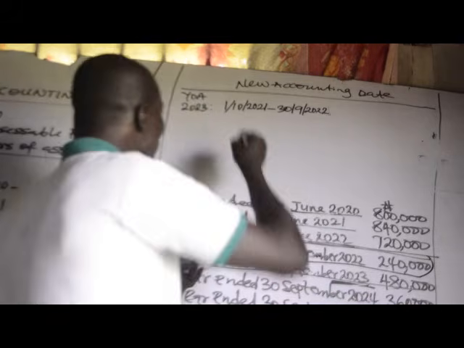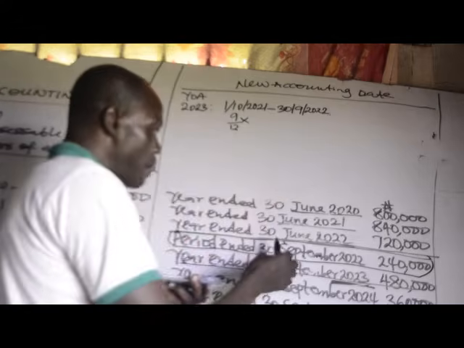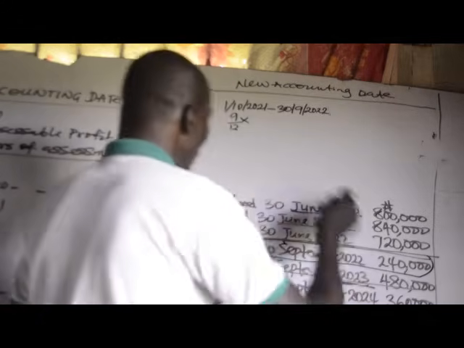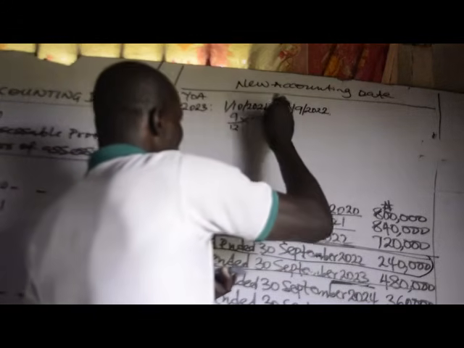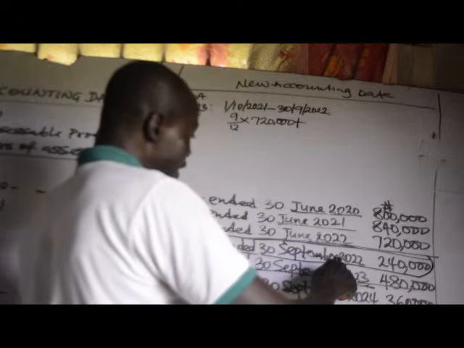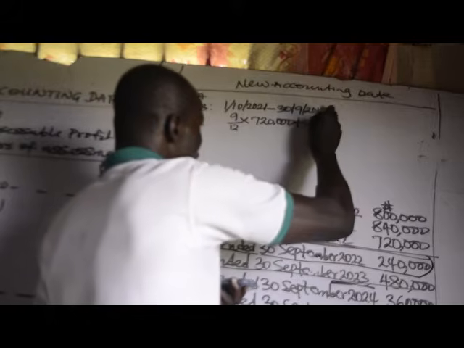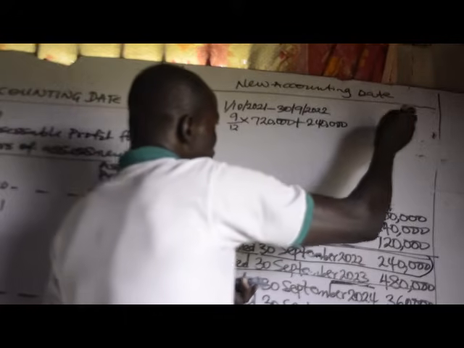So we have 9 months from the 12 months profit, which amounted to 720,000, plus 3 other months to end it as of September 30, 2022. The 3 months profit is 240,000.